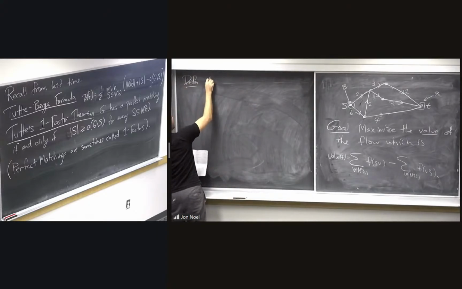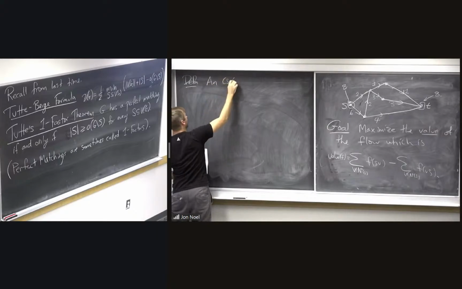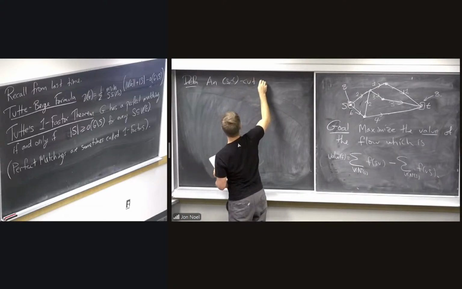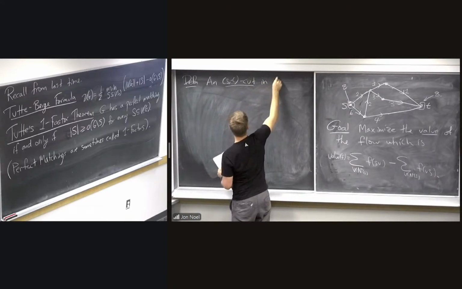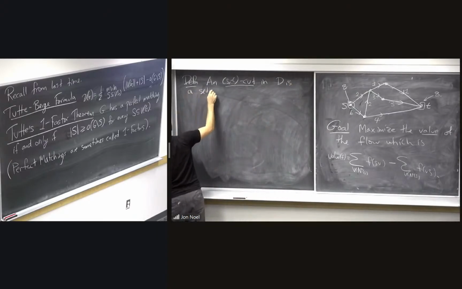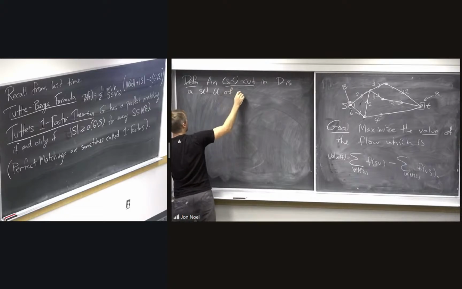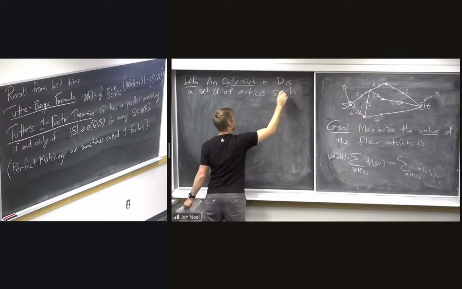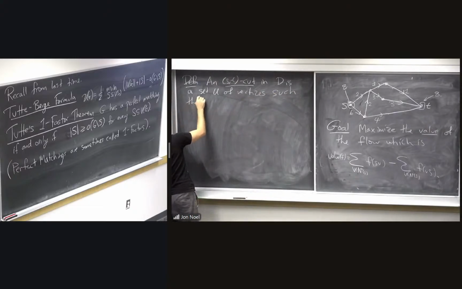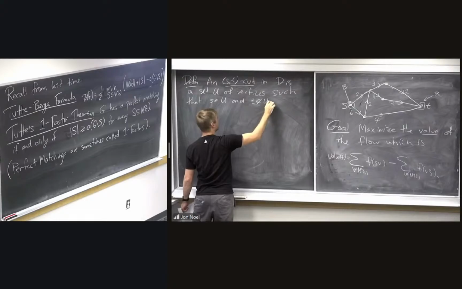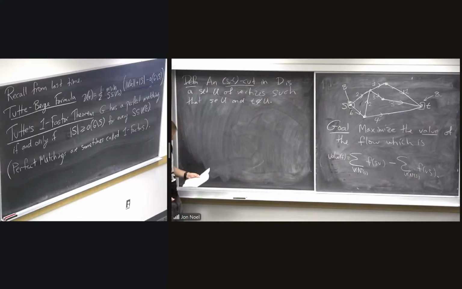So an ST cut in D is a set U of vertices such that S is in U and T is not in U.